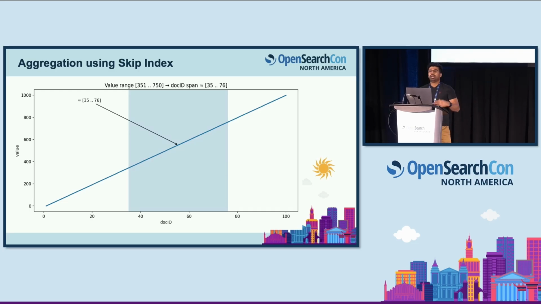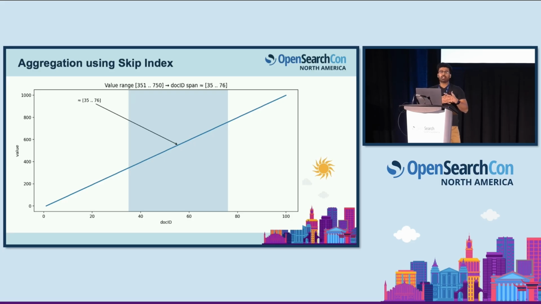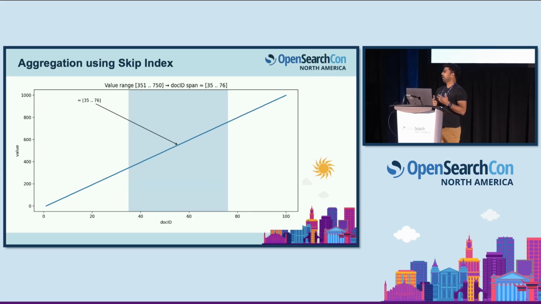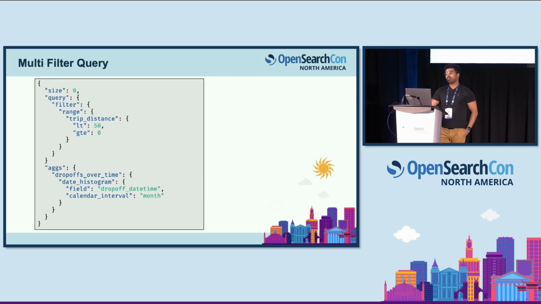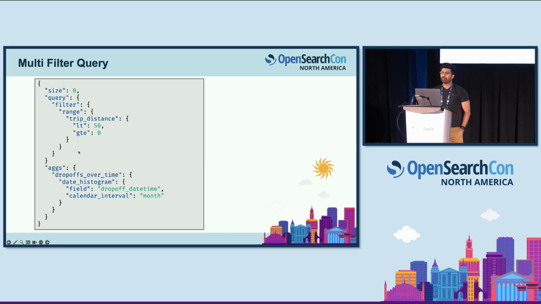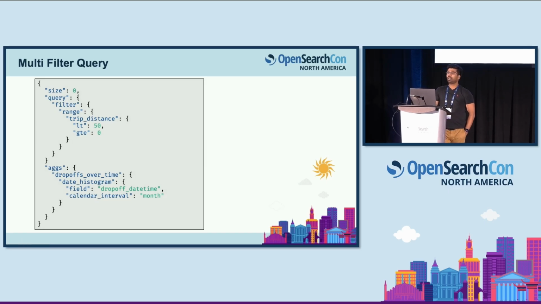As we were discussing earlier, in the default flow, Lucene executes the search request and generates something called a doc ID set iterator, right? Now, what we can do over here is take this query and generate a doc ID set iterator on top of trip distance.